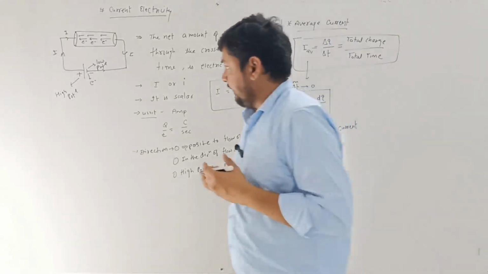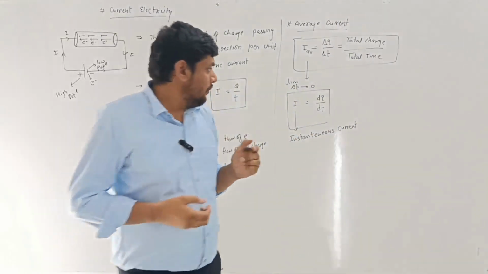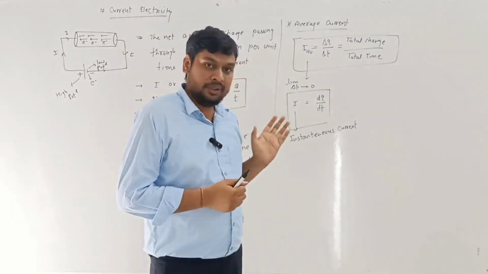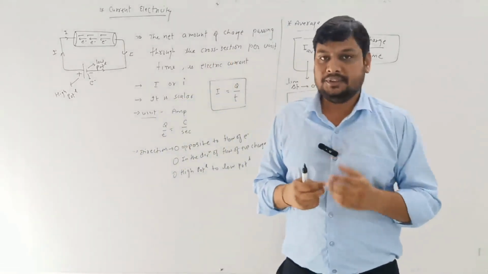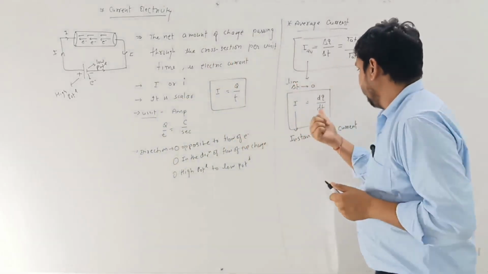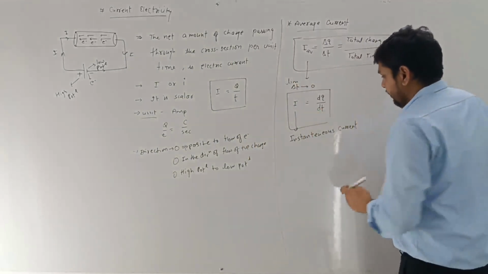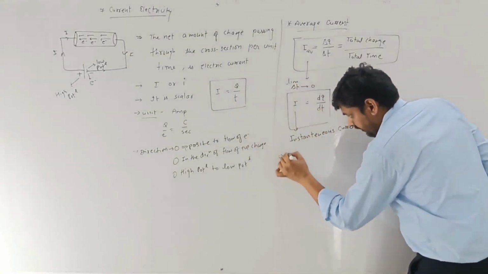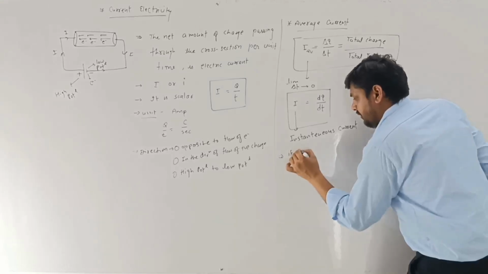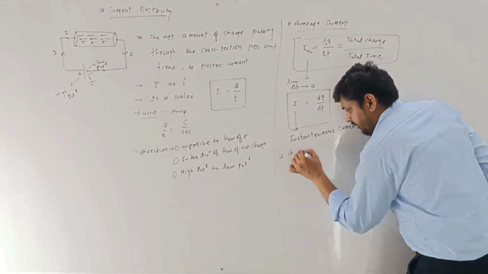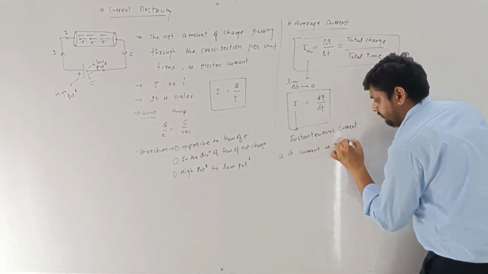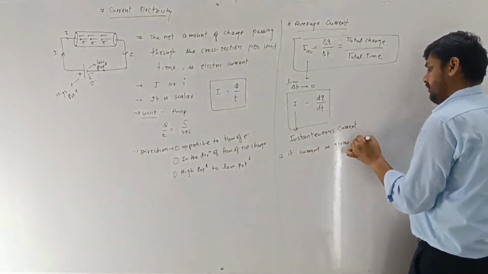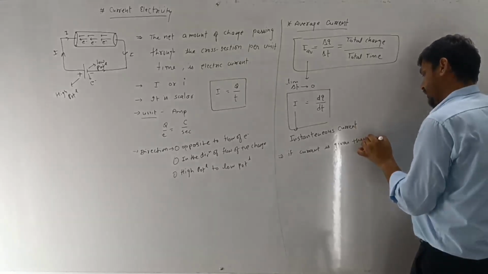If in a question the value of electric current is given, but we have to find the value of charge, then we can calculate it using this formula. What if current is given, then charge?